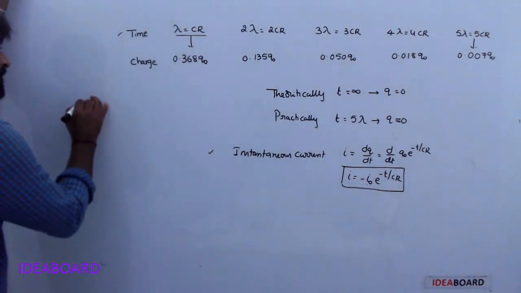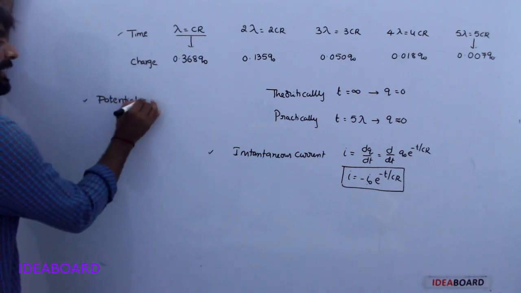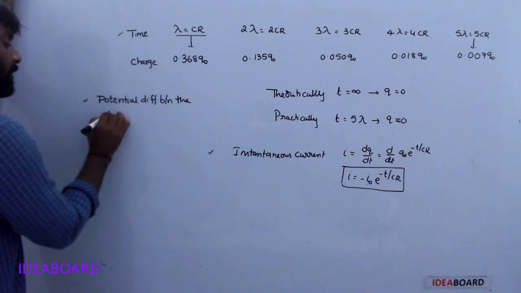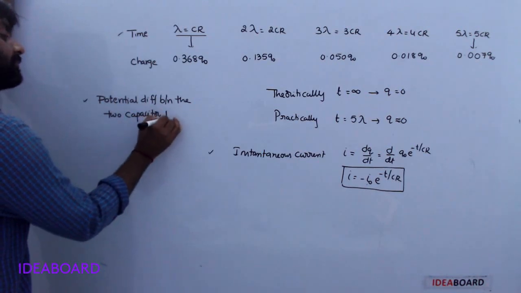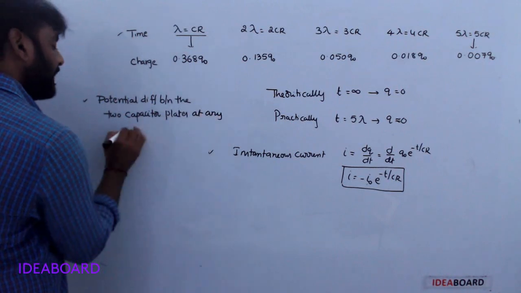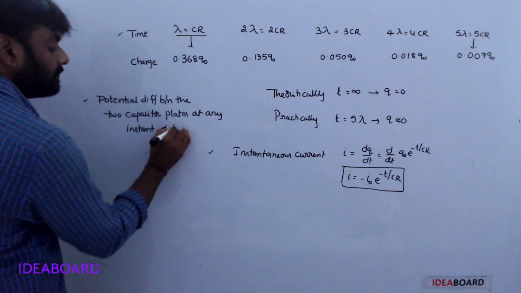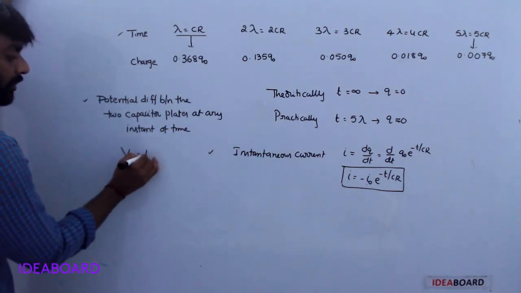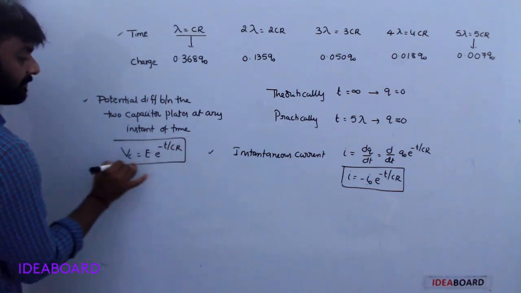Potential difference between the two capacitor plates at any instant of time t: Vc is equal to E into e power of minus t by CR.